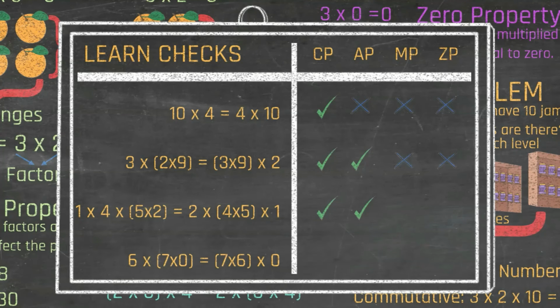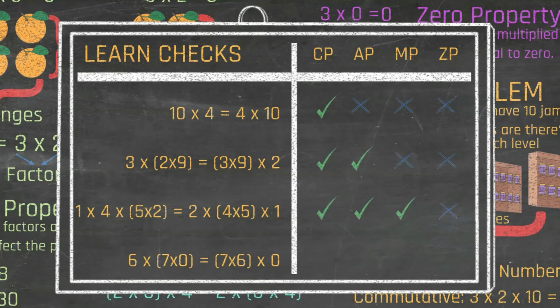Multiplicative property. Yes. 1 times the product of the other 3 factors is equal to the product of the other 3 factors. Zero property. No.